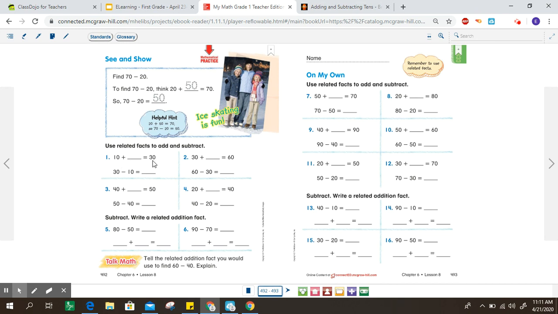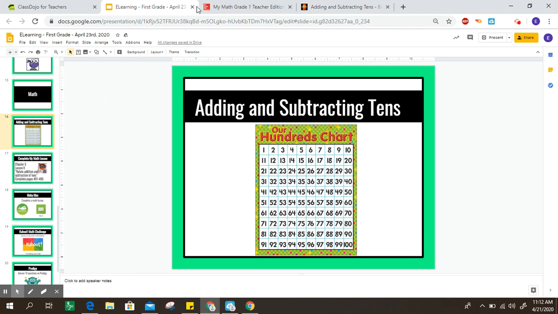Well, to help you know that, let's do the bottom first. 30 take away 10. If I have my hundreds chart here, and I go and find 30, and I take 10 away, I'm going to hop back up 1. What number did I end at? I stopped at 20 here.